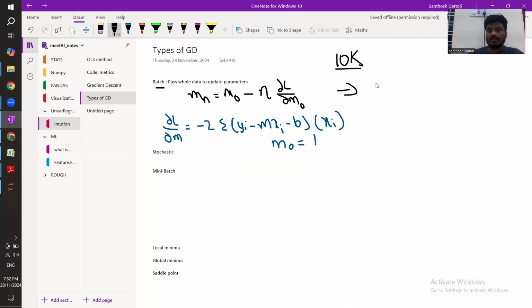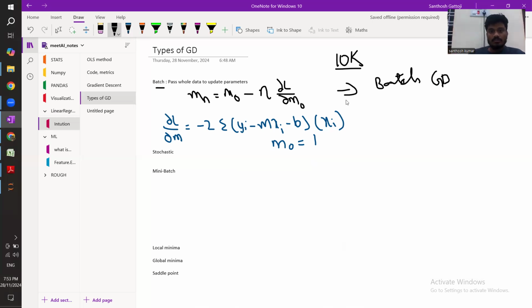Then that will be called batch gradient descent, because you consider the whole batch. That is the simple thing: you calculate the loss of the complete data set.